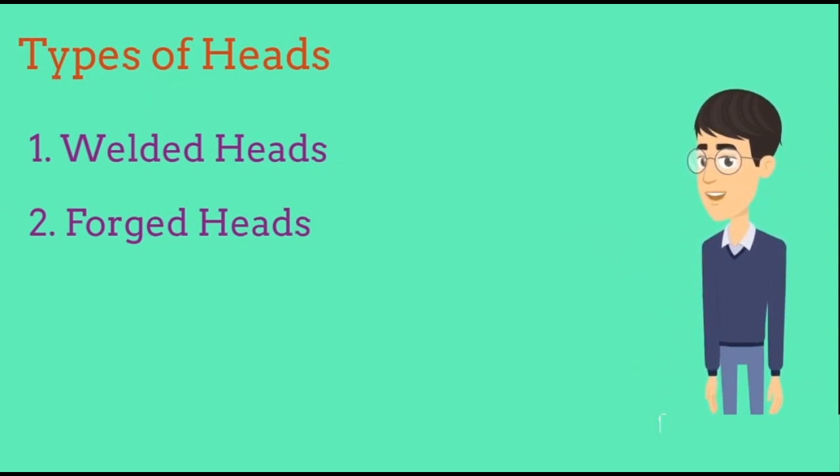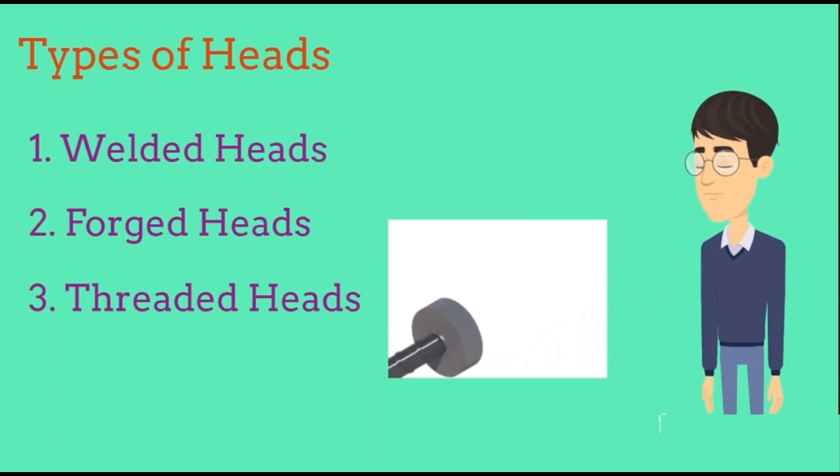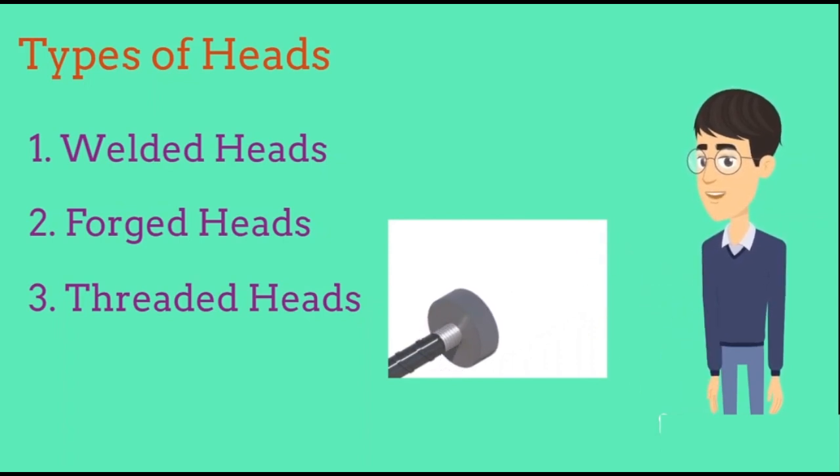This method can use either ASTM A706 or A615 reinforcing bars for attachment. 3. Threaded heads. Threaded heads involve attaching the head to the rebar using taper or straight threads. Alternatively, a separate internally threaded nut and counter nut can be used. ASTM A615 or A706 reinforcing bars are typically used for threaded heads.